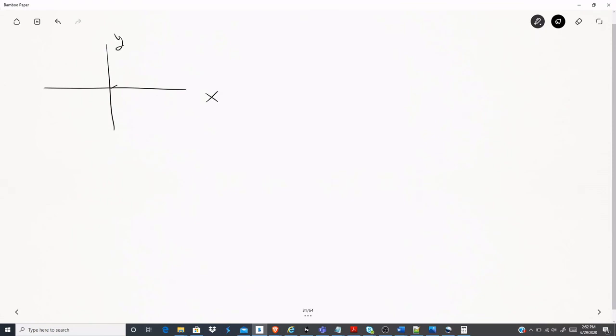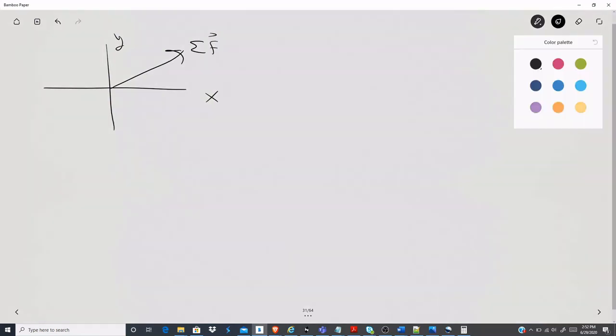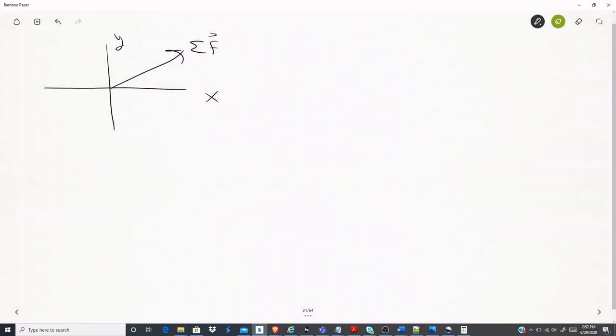And I'm going to draw the net force as a vector, and I know it points up and to the right. So this is my net force vector. And the net force has an x component and a y component.